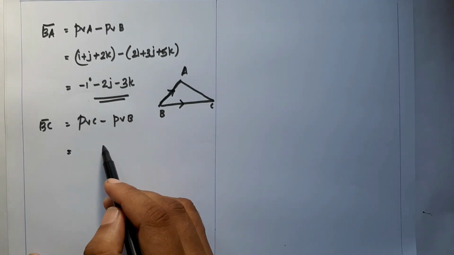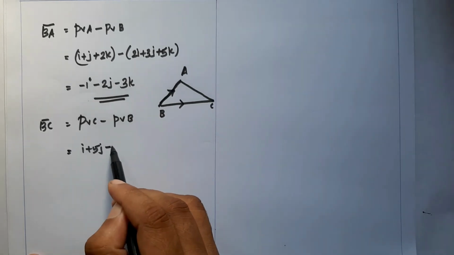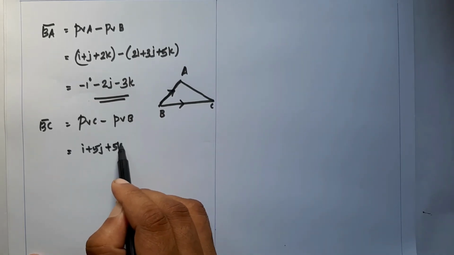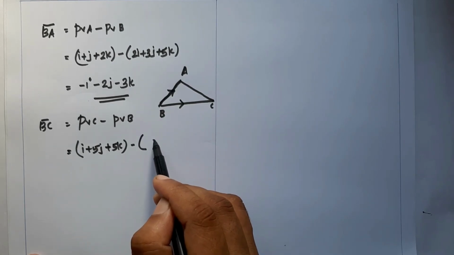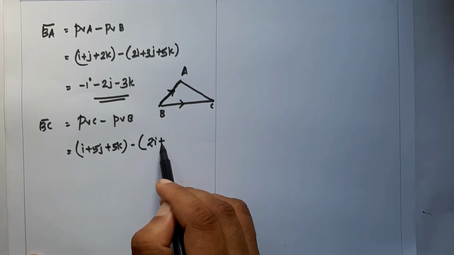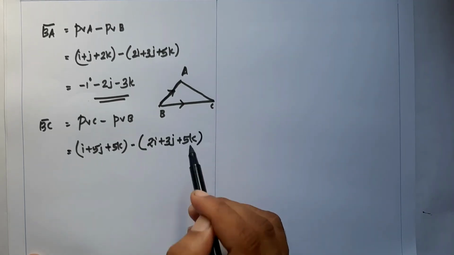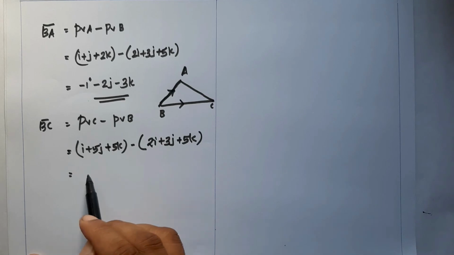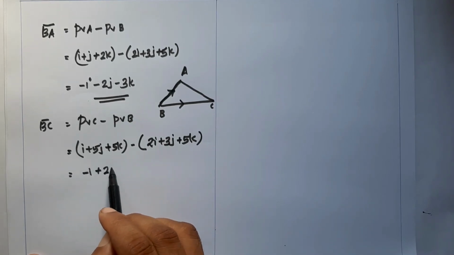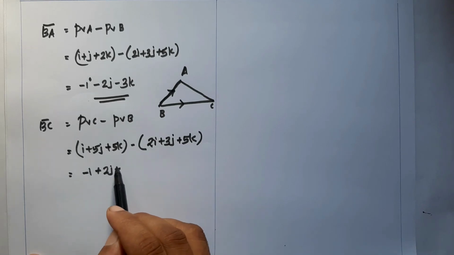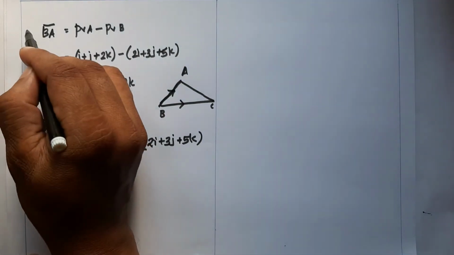The position vector of C is I plus 5J plus 5k, minus the position vector of B, 2I plus 3J plus 5k, which is minus I, plus 2J, and 5k minus 5k is 0k.